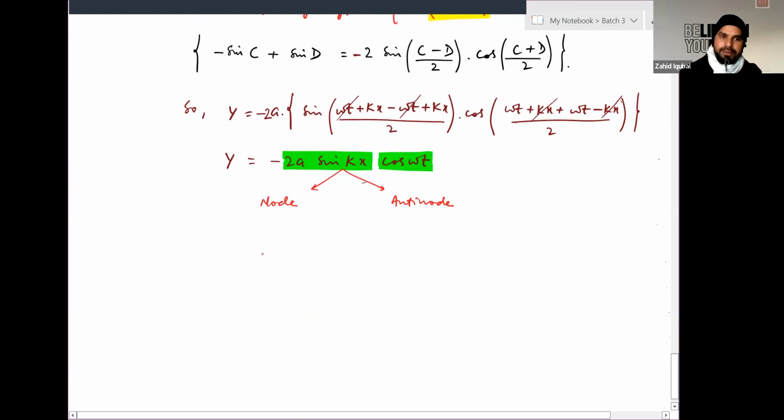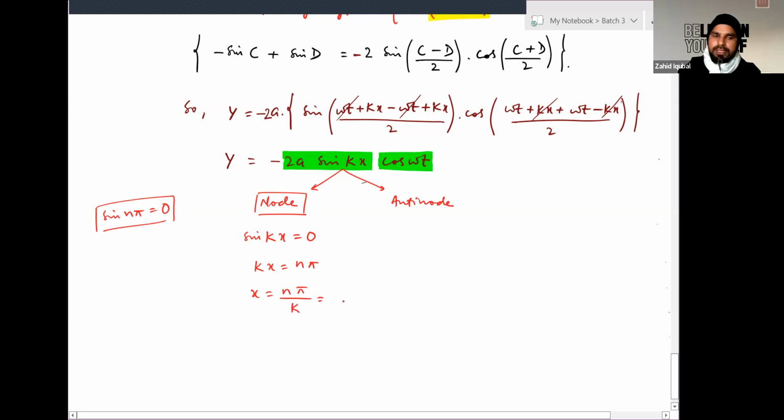So using this part, we can say node is a point where amplitude is minimum, 0. So sine kx will be 0. Sine n pi equals to 0. So on comparing, you will say kx will be equal to n pi, or x is equal to n pi by k.